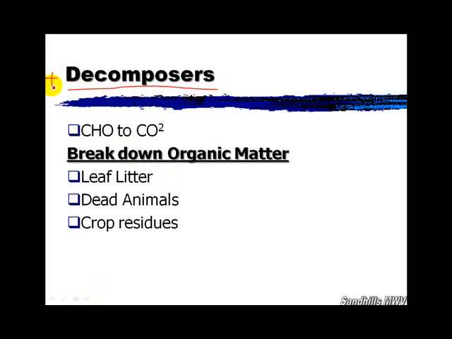Vultures might be a decomposer too, but when the vulture dies, the thing that decomposes that is bacteria. So they take the carbohydrates, they respire them, and move them back to CO2. They break down the organic matter, so they crawl into the dead stuff. They break down the leaf matter, break down dead animals, or crop residue.